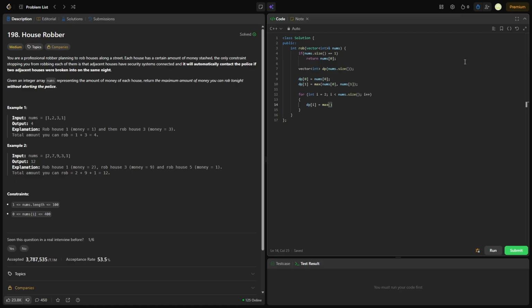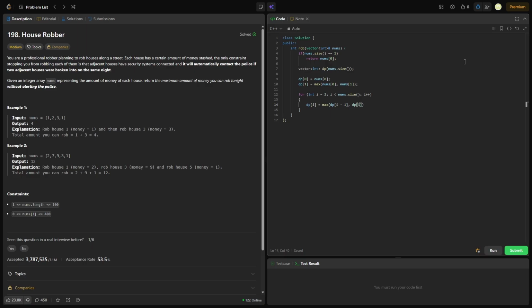We check the previous DP spot, DP of I minus 1, and we compare that to nums of I plus dp of I minus 2.